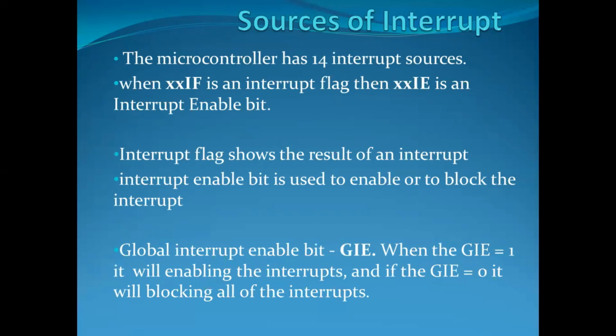The interrupt flag shows the result of an interrupt, and the interrupt enable bit is used to enable or block the interrupt. The interrupts on the left side of the figure given below are low priority, and all of them together can be blocked by the enable bit, that is PEIE.